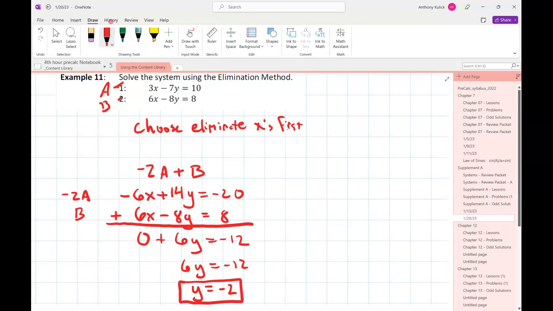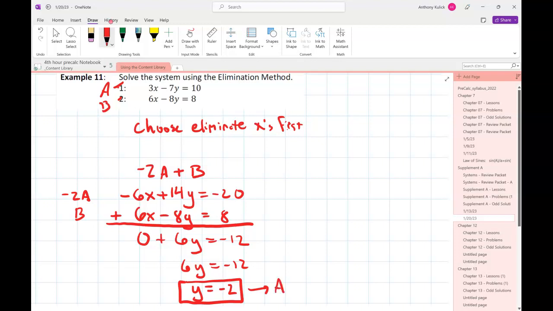I'm going to then take that answer and plug it back into either equation A or equation B. Does it matter which one? No. Is one of them going to make it easier than the other to plug this back into? I don't really think so. Right? The numbers are about the same size. They're all going to involve dividing. So, like, who cares?